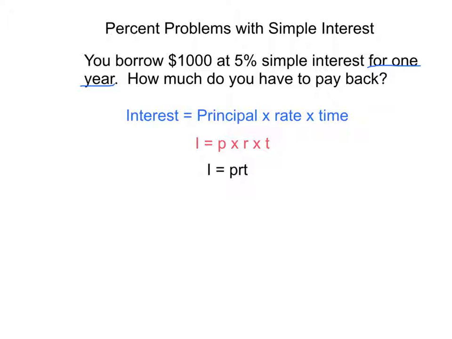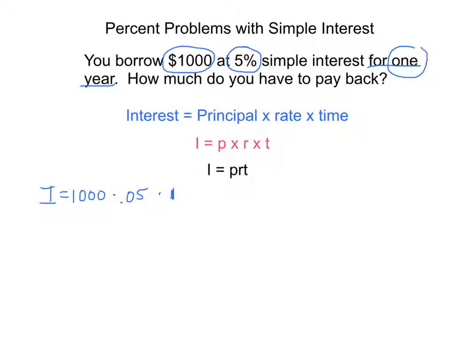In order to solve the problem, I'm going to put the information from the problem into the formula. The interest is equal to the principal, in this case $1,000, times the rate. The rate is 5%. The rate is always going to be expressed as a decimal. 5% as a decimal is 0.05, times the time. Time, and this is the important part, is always expressed in years.